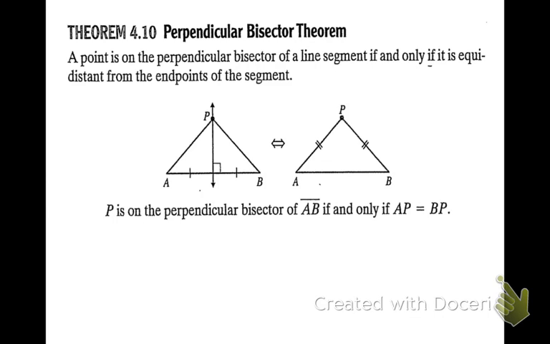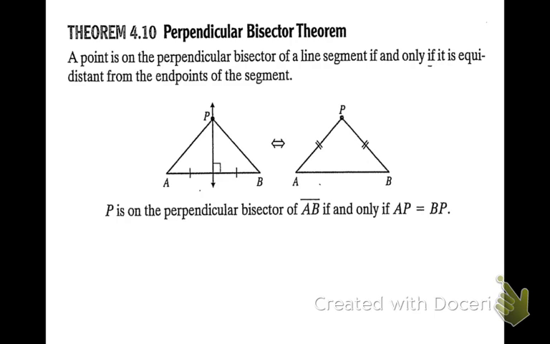Perpendicular bisector theorem. Okay, so these two examples have just sort of proven this theorem we're going to talk about now. The perpendicular bisector theorem says a point is on the perpendicular bisector of a line segment if and only if it is equidistant from the endpoints of the segment.